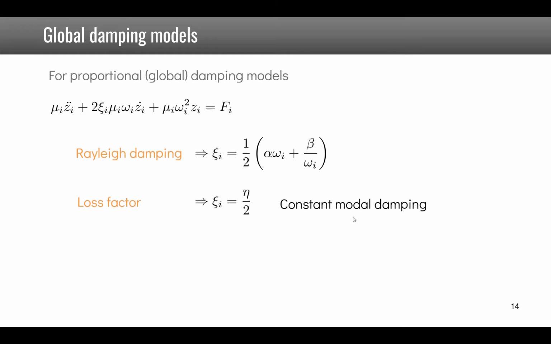It turns out that for the loss factor, it's possible to have a very good approximation by putting the modal damping constant and equal to eta over 2. And in a more general way, if you want to specify the value of the damping for each mode, then you are in the more general modal damping model.